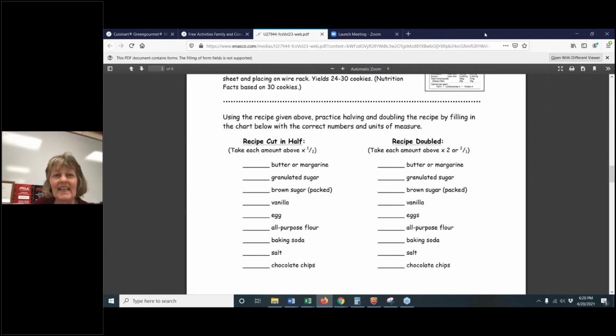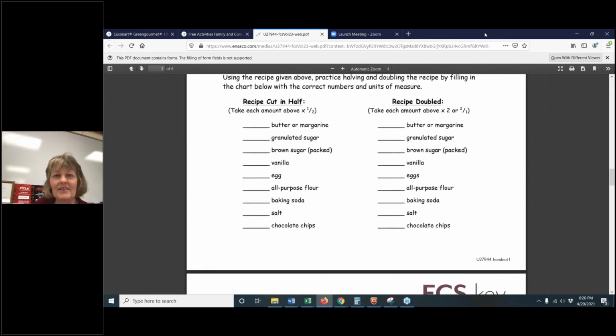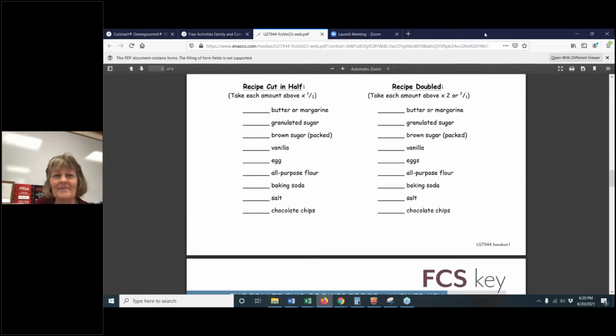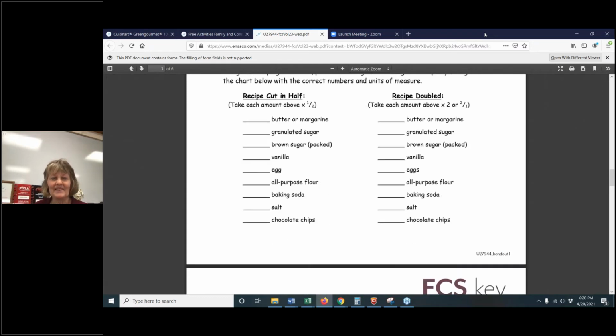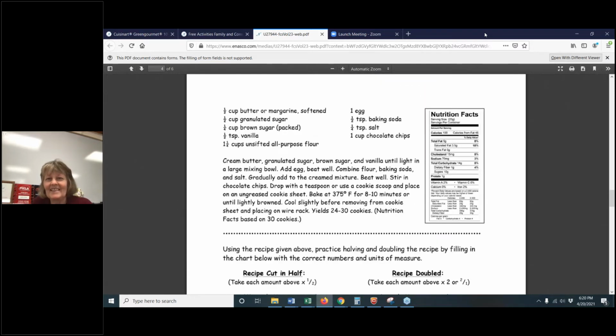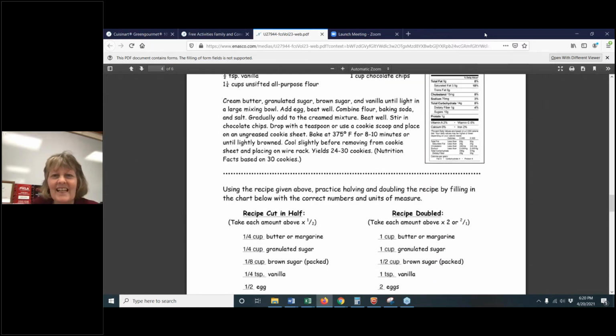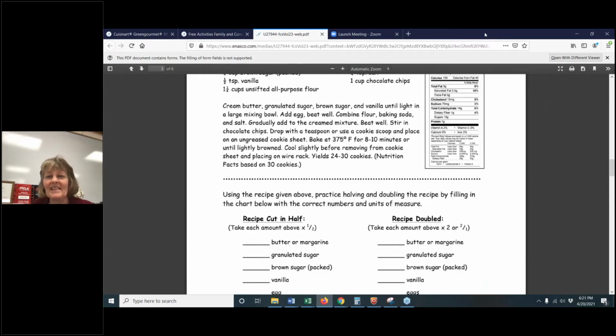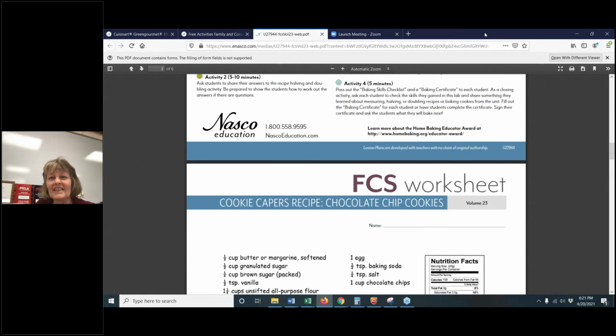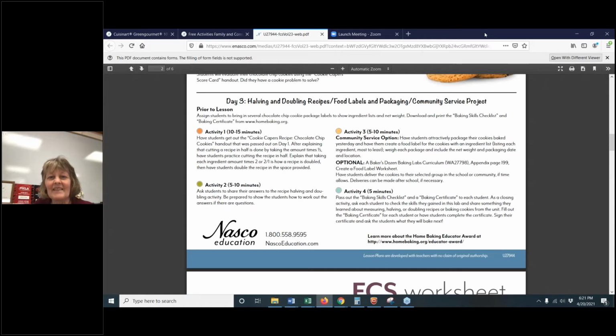Then on the third day, we have kind of the community service option, and that is we have the students package their cookies after that and have them create a label for the cookies with an ingredient list. And that was kind of important for the bake sale that we were doing, because people needed to know ingredients for allergy reasons.